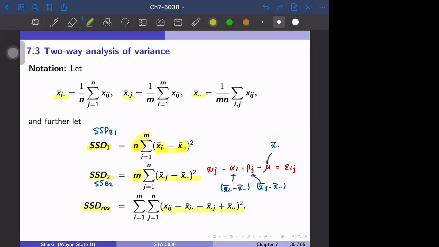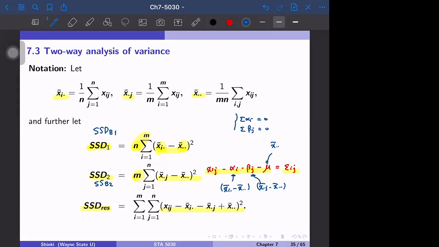The interpretation is here. x_ij minus alpha i minus beta j minus mu is equal to epsilon_ij. This is from the definition. Suppose that our restriction is that the summation of alpha i is equal to 0 and the summation of beta j is equal to 0. Then mu is the overall level, so x bar dot dot is the estimate for mu.